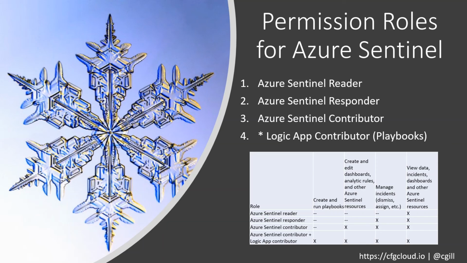Those three roles are very flexible based on your SOC teams or your Security Operations Center, and allow you to delegate privileges based on who needs to potentially just view incidents and dashboards versus manage incidents, dismiss or assign alerts, or even to the point where you're creating and editing dashboards, creating other analytic rules, or other Azure Sentinel resources.